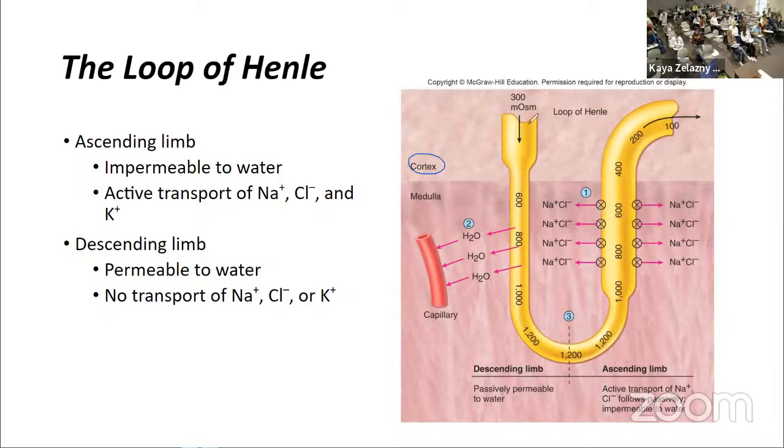Okay, so we're going to see that we're starting with those 300 milliosmoles. We just saw that we're going to end with 100 milliosmoles for that fluid. As we go down through the loop, we're going to see we have increasing osmolarity, and we'll take a look at why that happens. And then as we go back up, okay, we're going to see decreasing osmolarity in that fluid. Okay. Decreasing until we get all the way to 100.